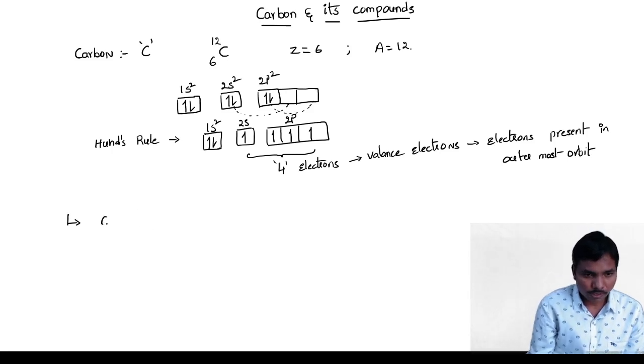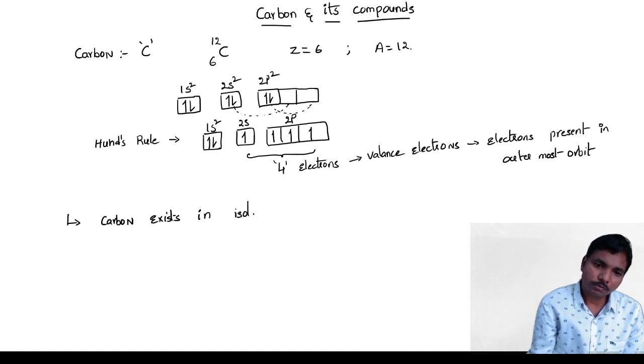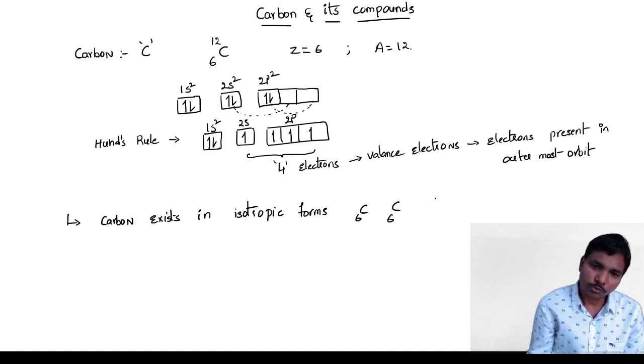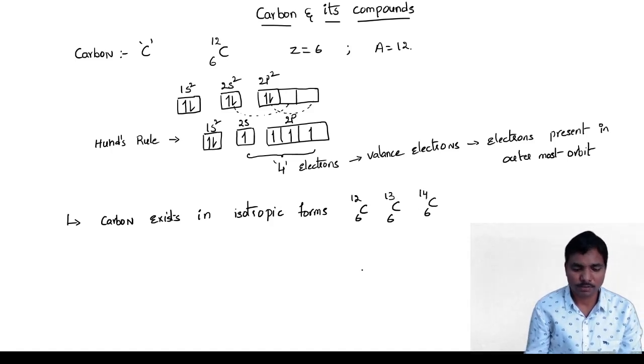And carbon exists in isotopic forms. You know very well isotopes: same atomic number, different mass number, 12, 13, 14, like that.